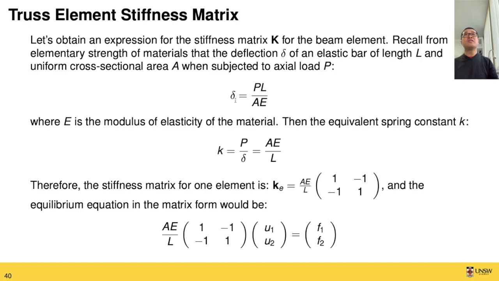The deformation delta when the element is subjected to an external load P is given by this formula, where P is the load, L is the length of the element, divided by A, the cross-sectional area of the element, and E is the Young's modulus, the elastic modulus of the material. So PL divided by AE is the deformation of the element under external loading.